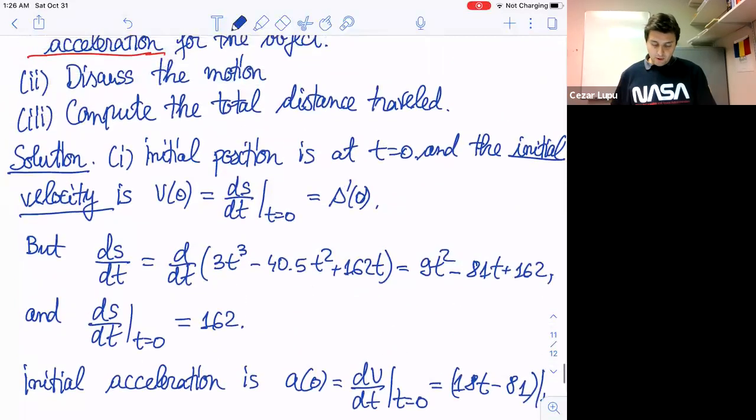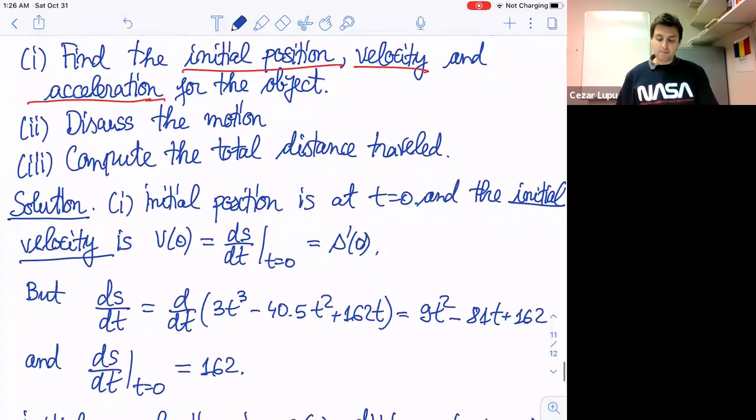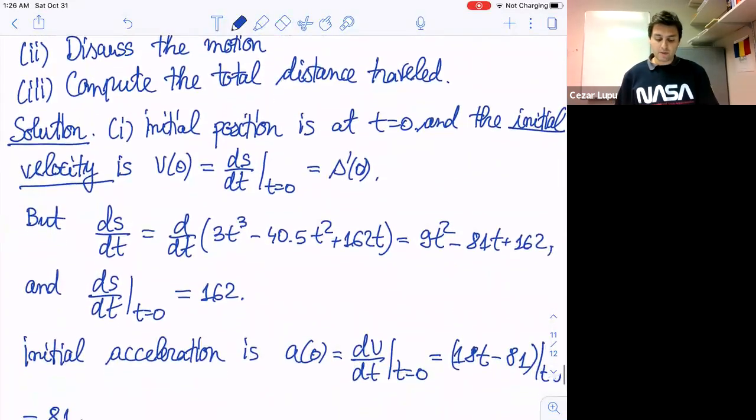So that's the story with the first part: the initial position, velocity, and acceleration of the object.